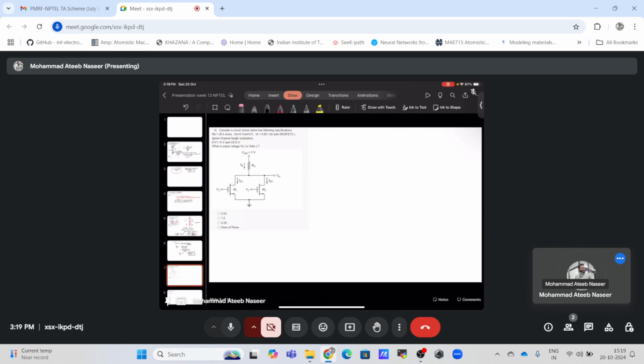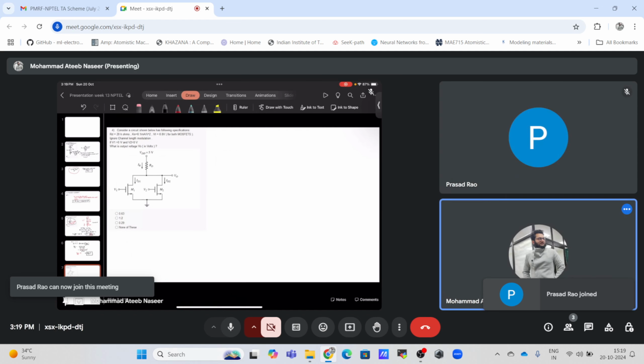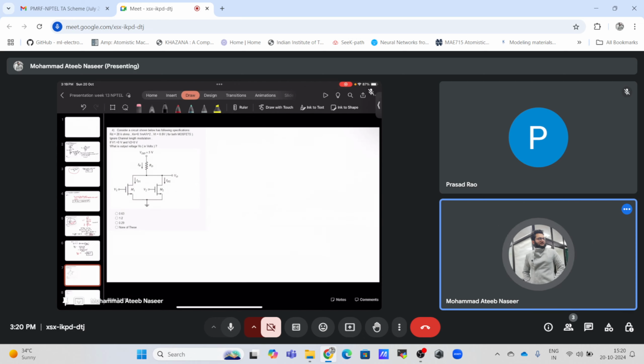Now moving to another problem, which is related to circuit analysis as well. So it says that we have a circuit in hand with two MOSFETs connected to it, and we have to consider the circuit shown with RD.